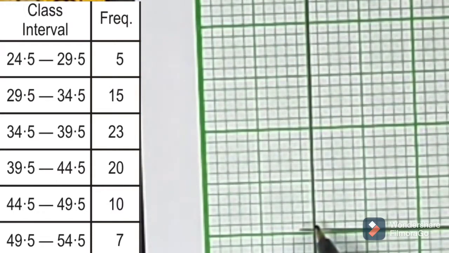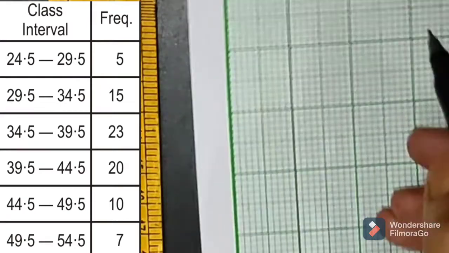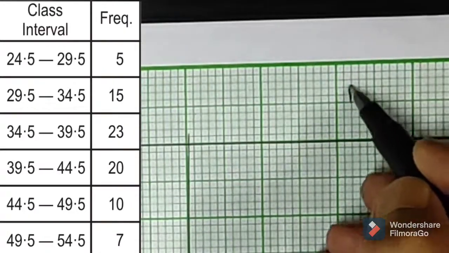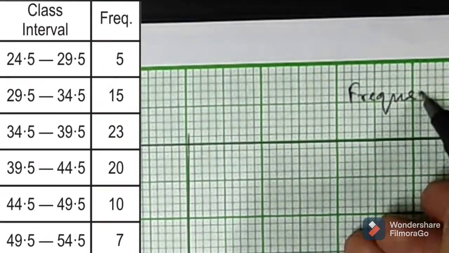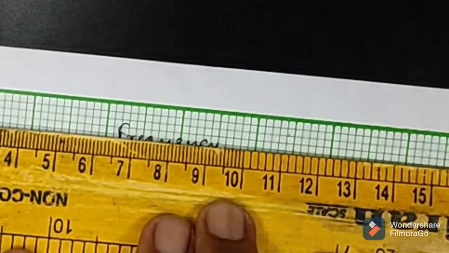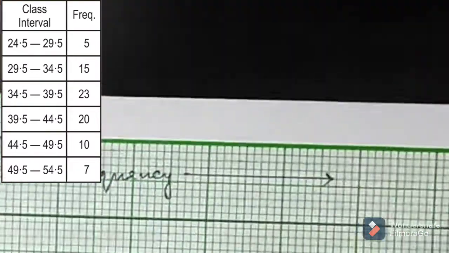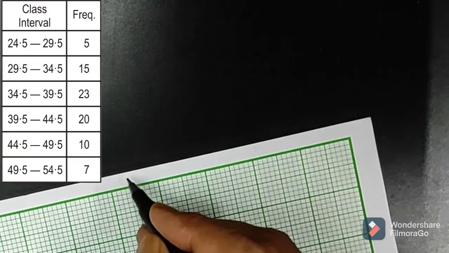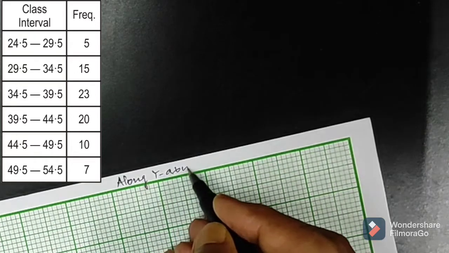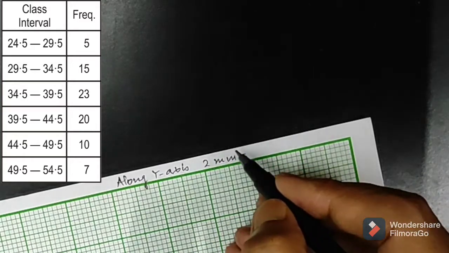Every small division along the y axis will be taken as 1 unit. I am writing at the top, this is the y axis, and along the y axis we will measure the frequencies. By one arrow we will show the direction in which it increases. At the top I am writing here, along the y axis every 2 millimeter measures 1 unit.